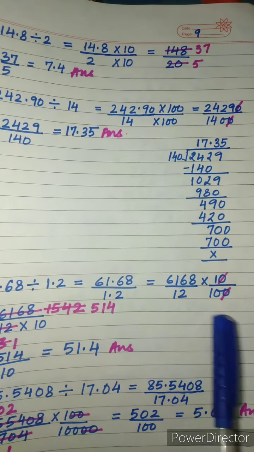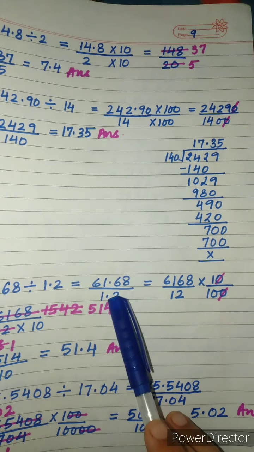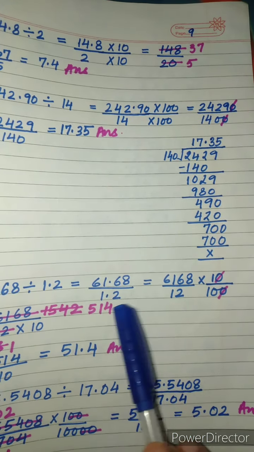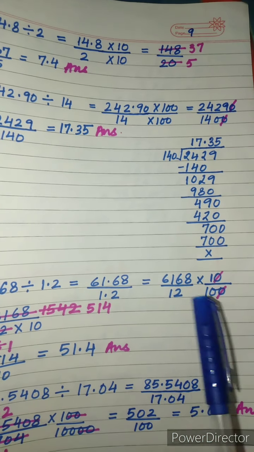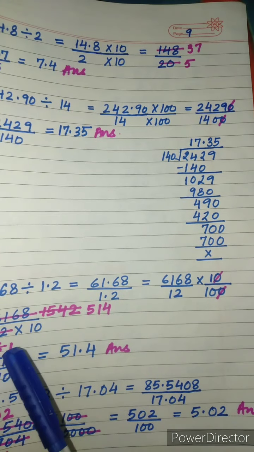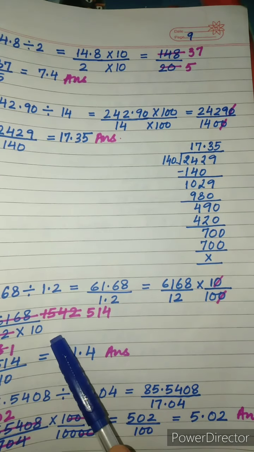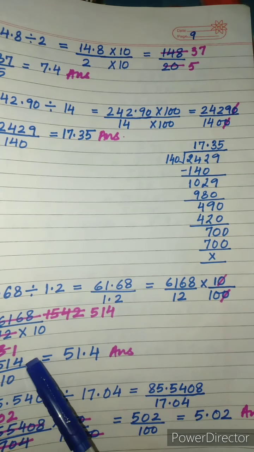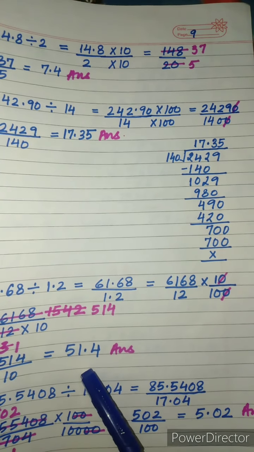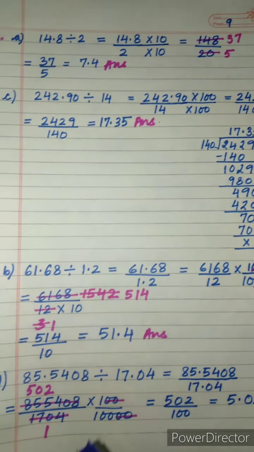We have 2 decimal places, so we are going to write 100 in the denominator. When you are going to remove the decimal place from the denominator, we have only one place here, so we are going to write 10 in the numerator. So what are we left with? 6168 upon 12 into 10, that will give you 514 upon 10. So therefore we have 51.4 as our answer.